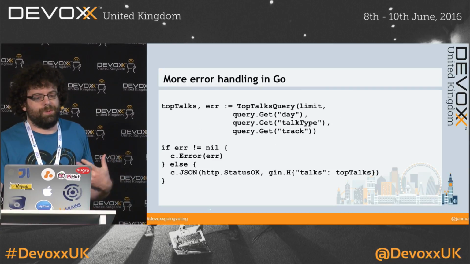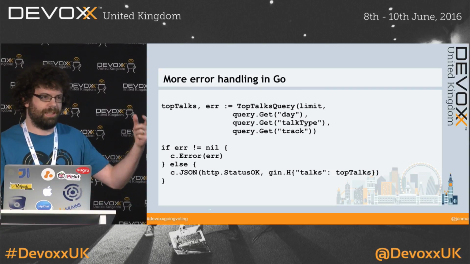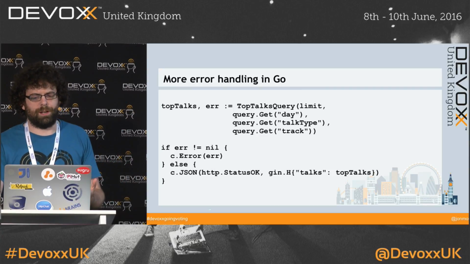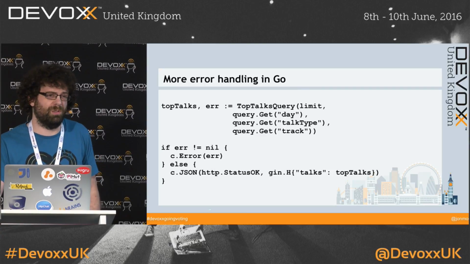And this is another way. It takes advantage of multiple return types, but you always have to have this if err, and it feels very clunky. What I was really looking for is maybe exceptions or an optional or things. This doesn't seem modern.